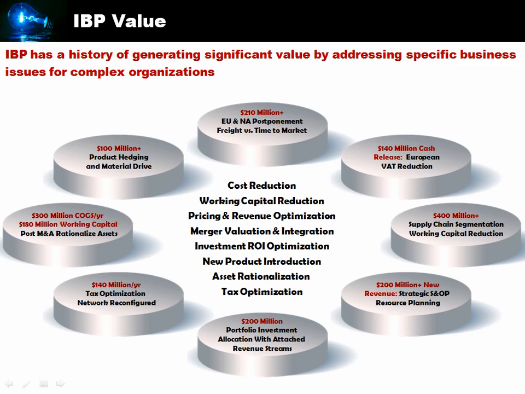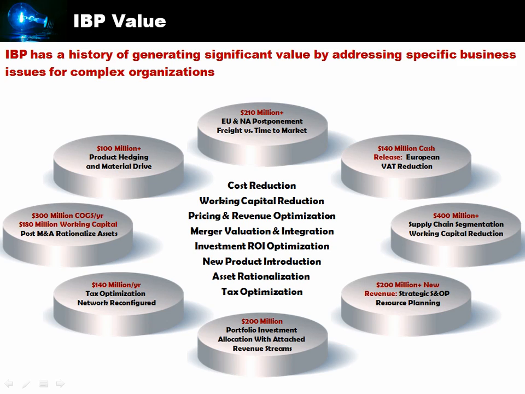Integrated business planning has a history of generating significant value by addressing specific business issues for complex organizations. In the middle of the screen are examples of the types of business issues that integrated business planning has been used to address. Provided in the circles are examples of what organizations have realized from using these capabilities. Others not shown on the screen have yielded significantly more than the examples here. 3 things are worth noting.